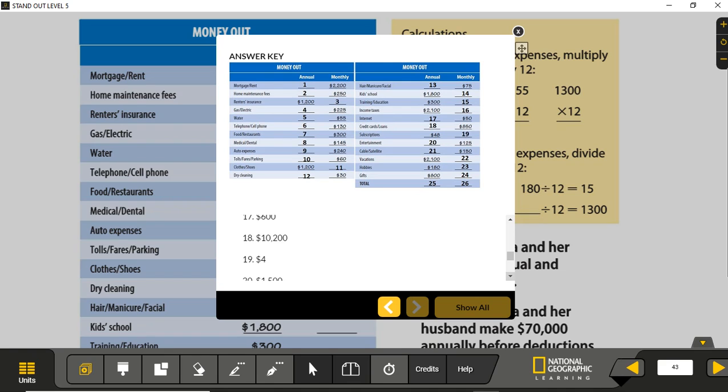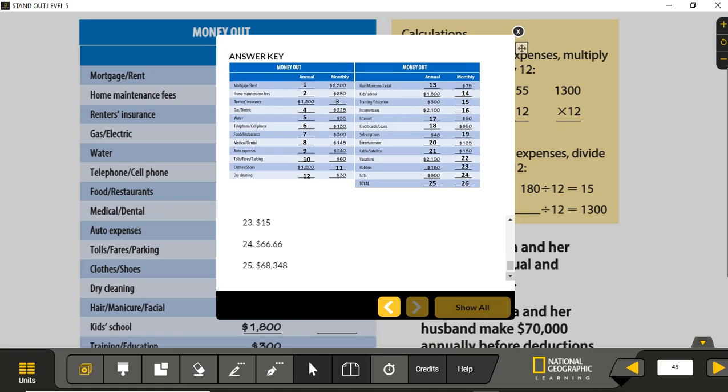Number 19 is $4. Number 20, $1,500. Number 21, $1,800. Number 22, $175. Number 23 is $15. 24 is $66.66.